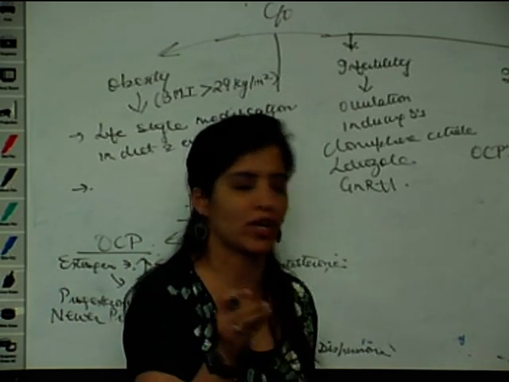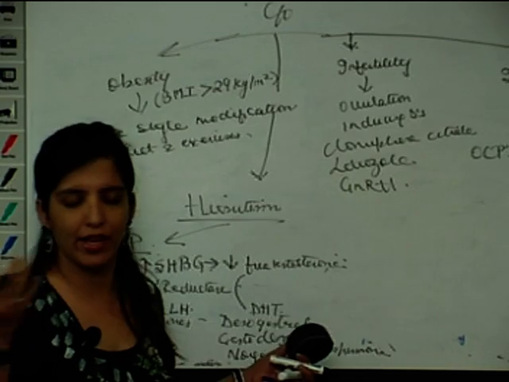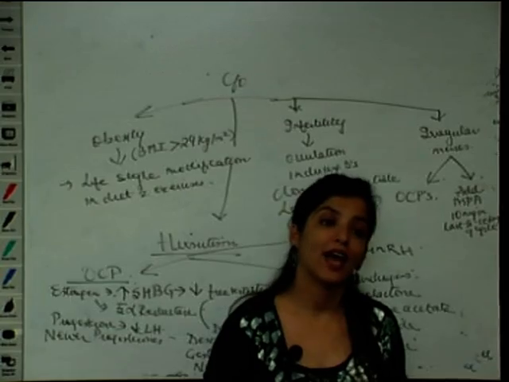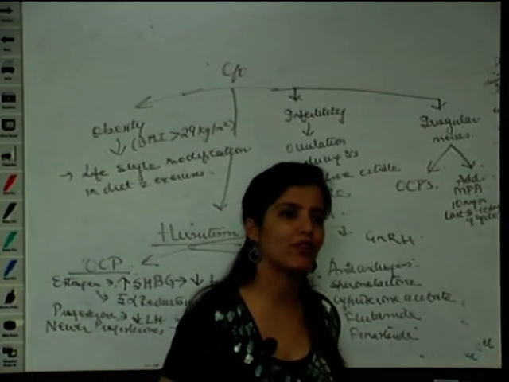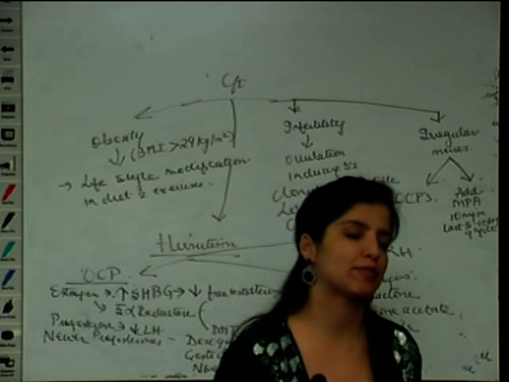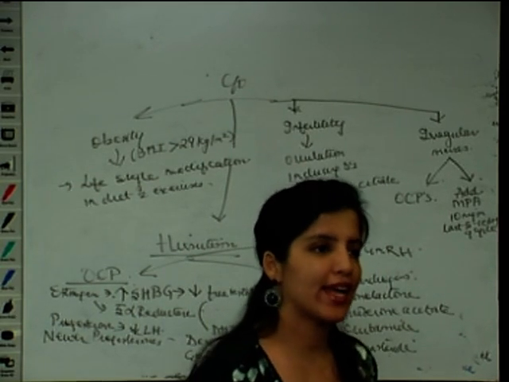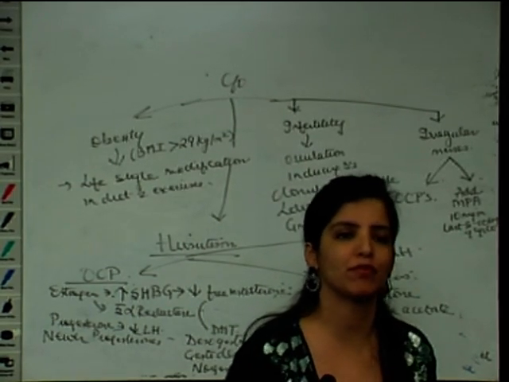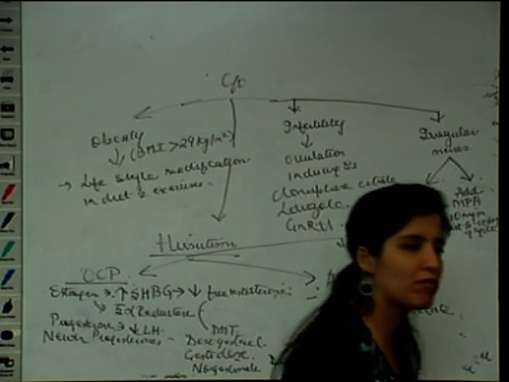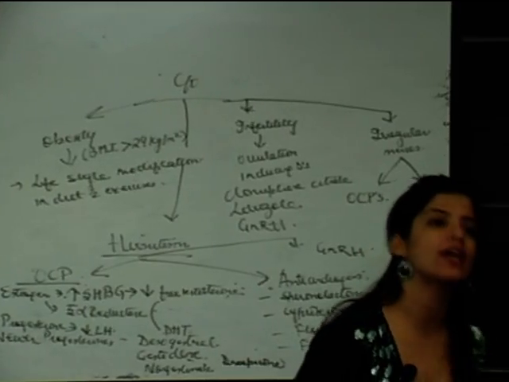The pills which contain desogestrel, their trade names are Femilon and Novilon, and the pill which has drospirenone, the trade name is Yasmin. Drospirenone is a spironolactone derivative, and hence it is also useful in hirsutism and acne. Other option which we can give to these females is anti-androgens.